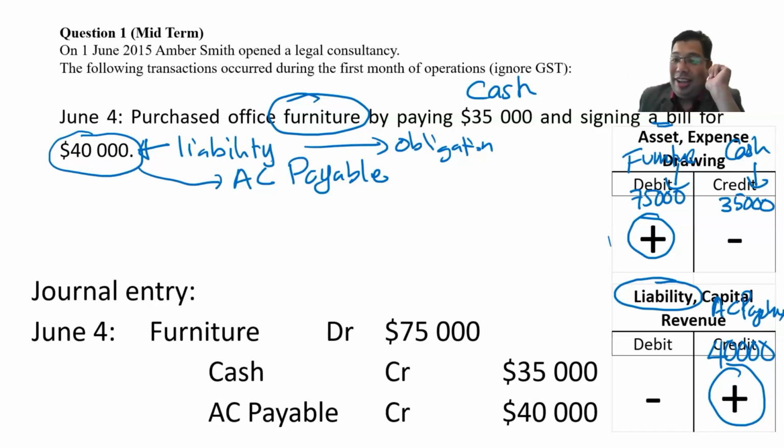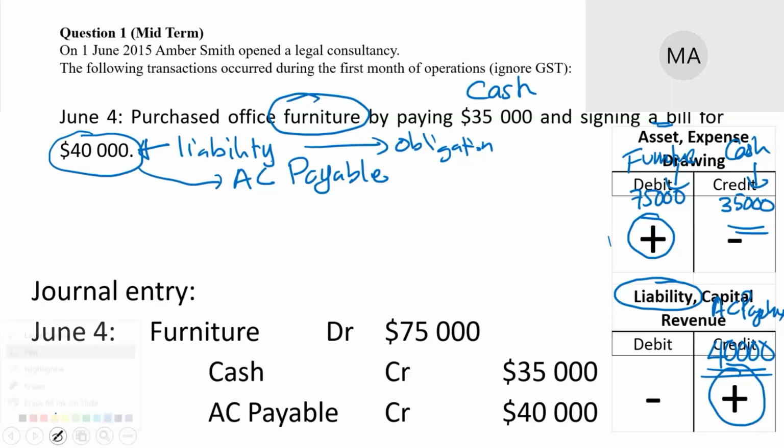Cash, we're going to credit 35,000. And liability or accounts payable, we're going to credit 40,000. So this is the transaction. We have a compound journal entry. Furniture increase, debit 75,000, cash reduce, sorry, 35,000 credit, and liability increase 40,000 credit.